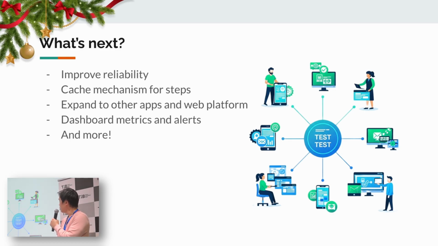Then we also are currently working on running it on web platforms. So right now we're able to have some web platforms running on TARS. So basically we enable TARS to run Playwright test cases so that it'll be able to execute some tests on the web application.